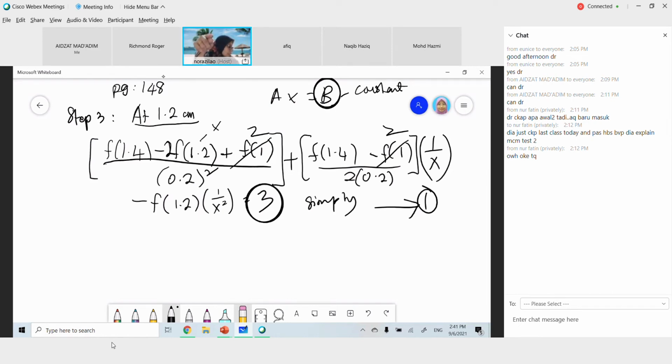You simplify this one, you akan dapat first equation: negative 0.78 y1 minus 1.0833 y2 minus 1.7133. This is the first equation.